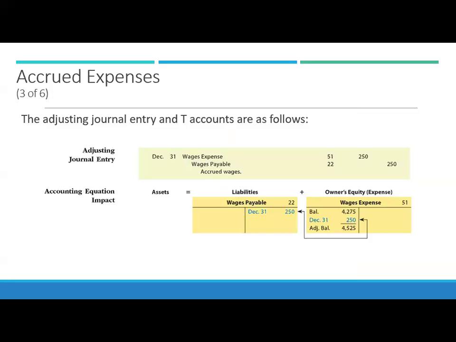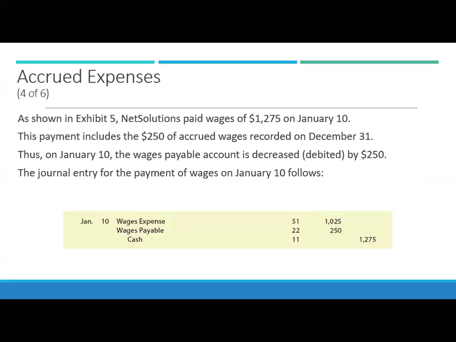So what we have to do is debit wages expense and credit wages payable for the amount that we owe to our employees for the last 2 days in December. There hasn't been a payday yet, so they haven't gotten that cash yet. Then when the wages are actually paid out in January, we debit wages expense, debit wages payable, and credit cash for the full amount of the payday on January 10th.